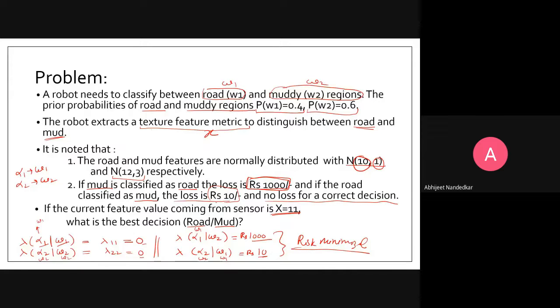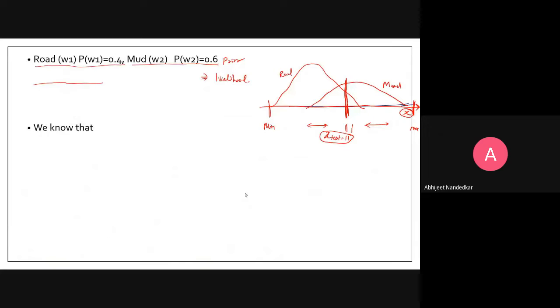That is also a costly decision, but compared to 1000 rupees, 10 rupees is less, so I am able to bear this much. Taking into account that I can bear 10 rupees but not 1000 rupees, I have to solve this problem.